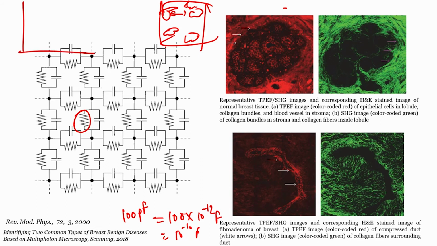Now I am applying an AC potential, increasing the frequency, and plotting a Bode magnitude plot. For those of you who do not know, a Bode magnitude plot is the graph between impedance and frequency.